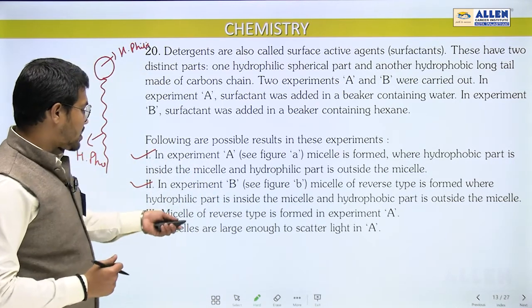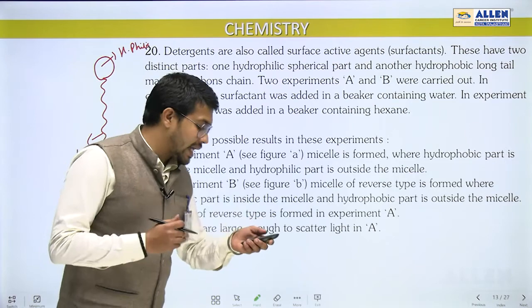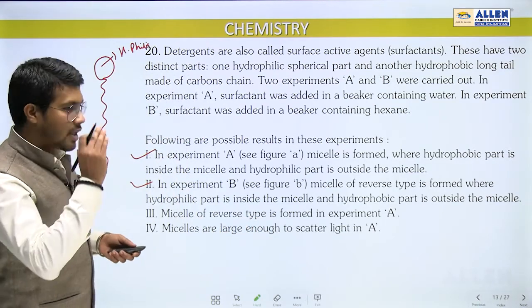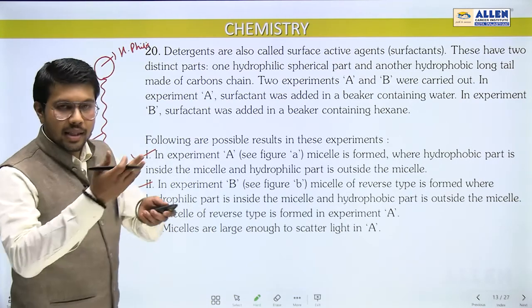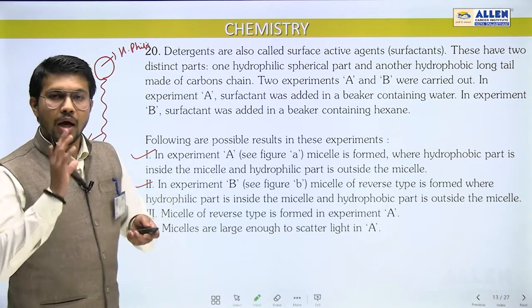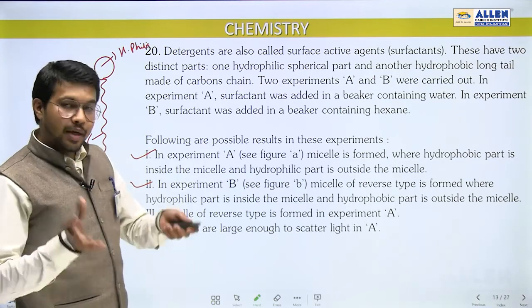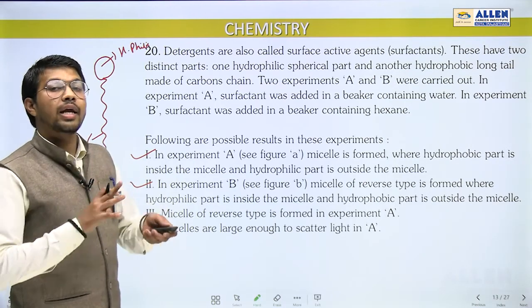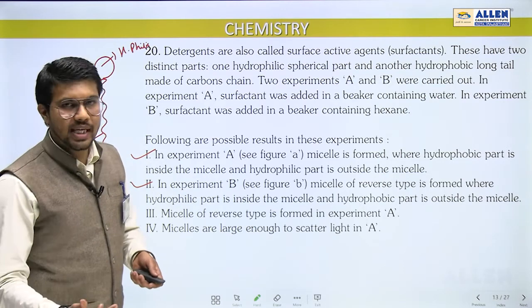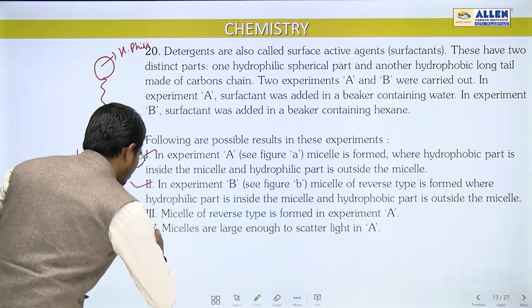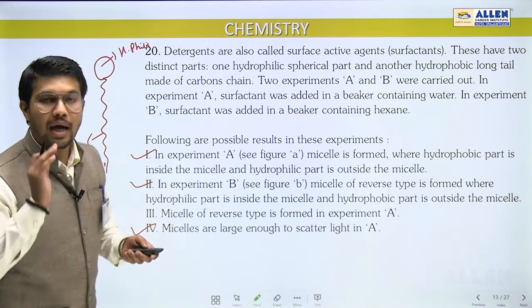Fourth one: micelles are large enough to scatter light in A. Obviously, whenever surfactants are added in a solvent, they form micelles, and those micelles lie in the colloidal range. Colloids do scatter light, so the fourth option is also correct.